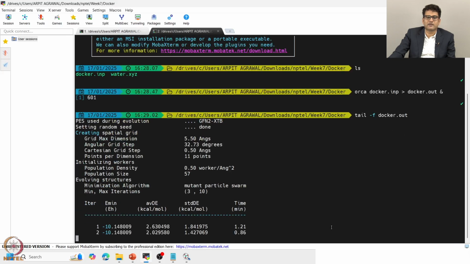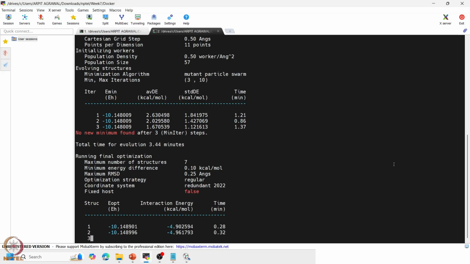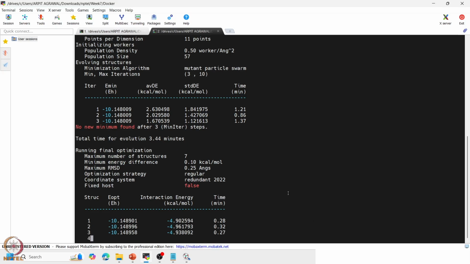So, now the calculations are running. I believe it will happen very soon. Now it is running the final optimization on each of the individual structures and finding out where it has the highest interaction energy.